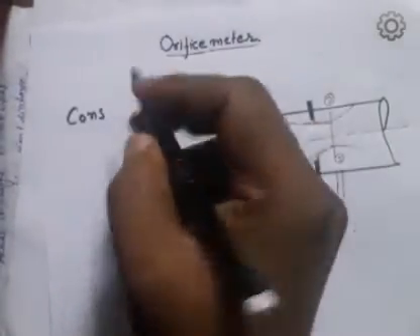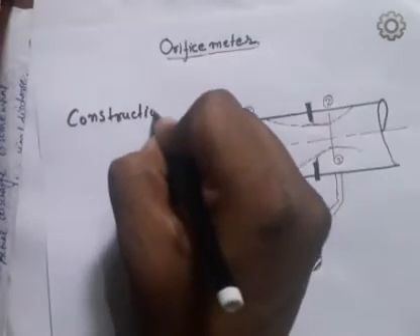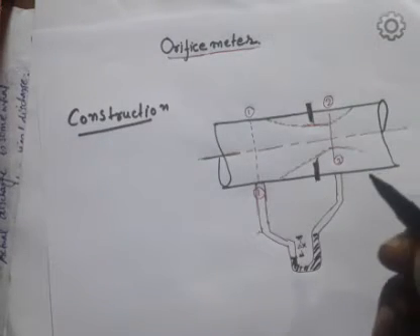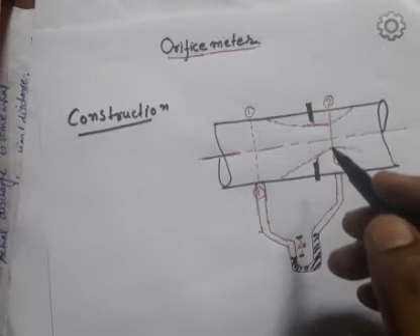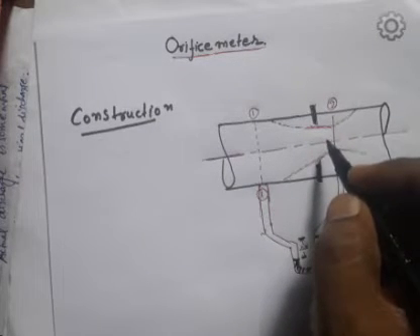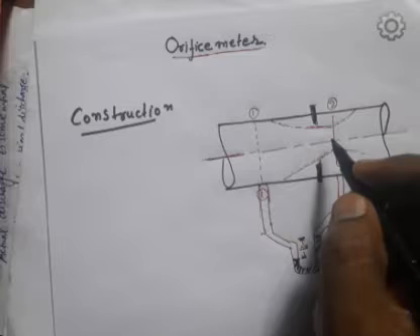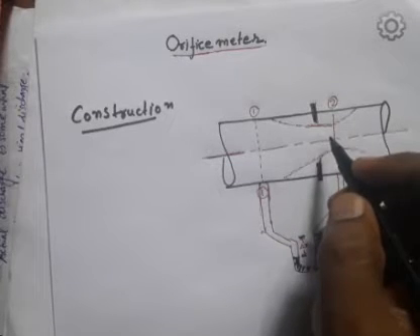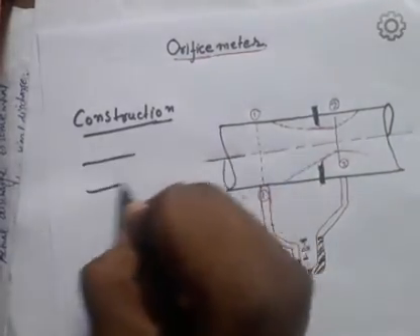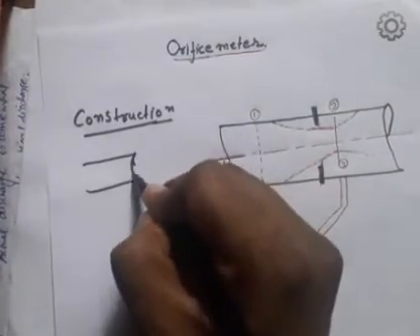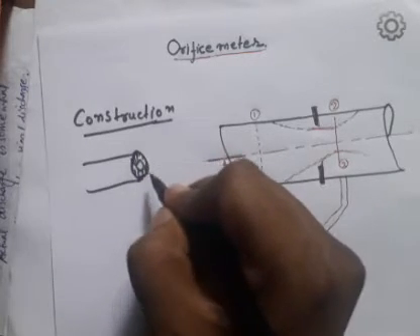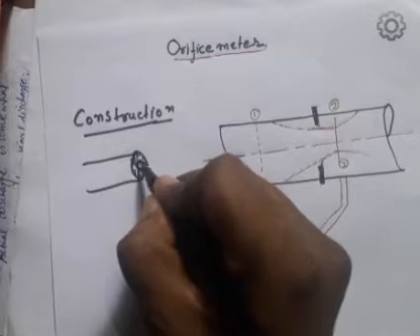The construction is very simple. An orifice meter is nothing but an obstruction, a sharp circular plate having a sharp edge. An orifice meter is like that, and this edge is sharp.